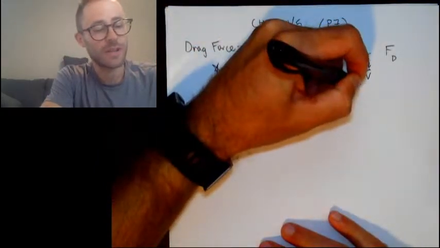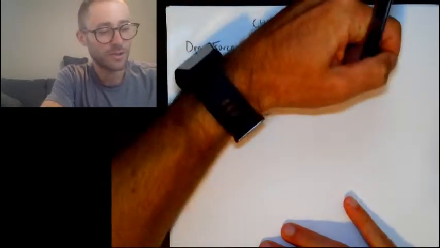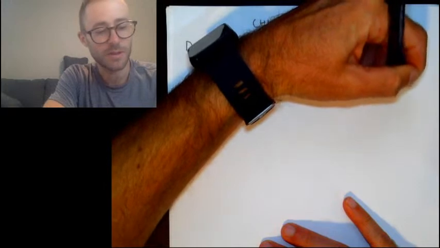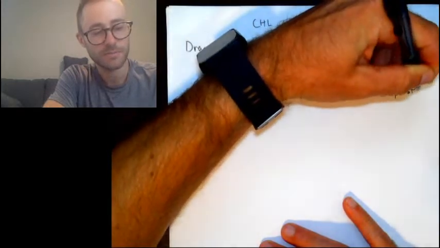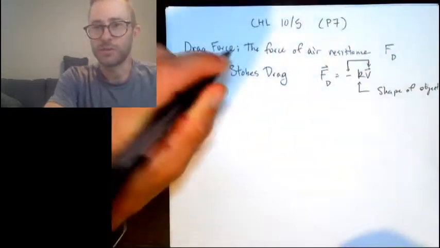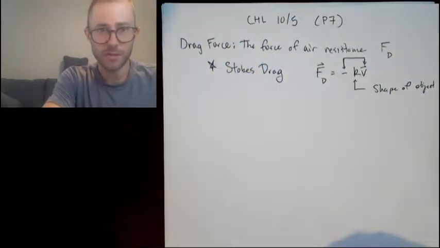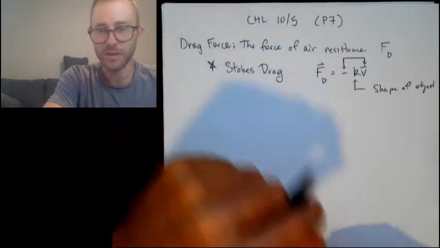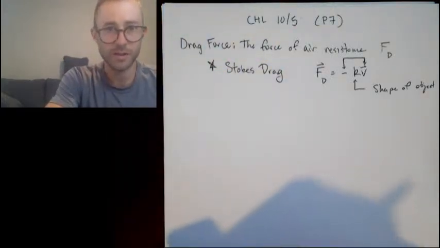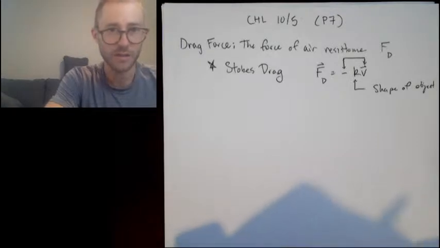This constant K depends on two things. The first thing it depends on is the shape of the object. So if something is really aerodynamic or really hydrodynamic, then it's going to have a smaller K constant. It has less drag acting on it.